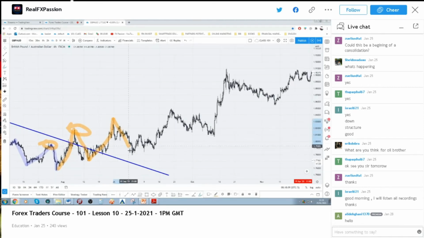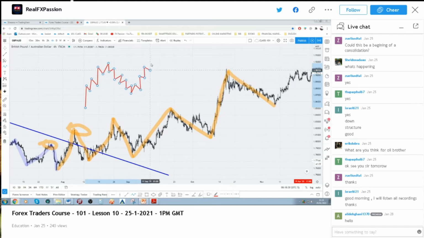Retracement, lower lows, lower highs, extension, higher highs, higher lows, retracement. Do we agree on this, everybody? The market wave moves exactly as the market structure. We're going to see a change in the short-term trend. Extension, retracement, extension, and so on.